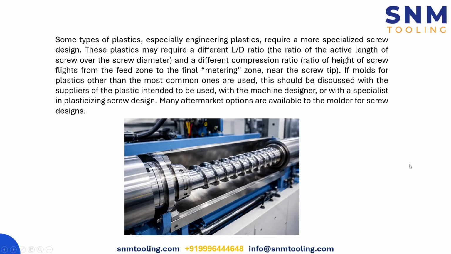So what exactly does compression ratio do, right? It basically controls your melt quality, it controls how air is removed, so much so that there is no moisture, and then shear heating, because the higher the depth, the higher the shear, because there will be more friction as the plastic would get less space to really move, right?